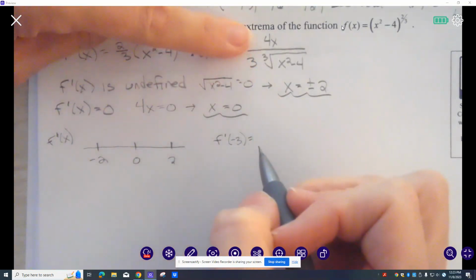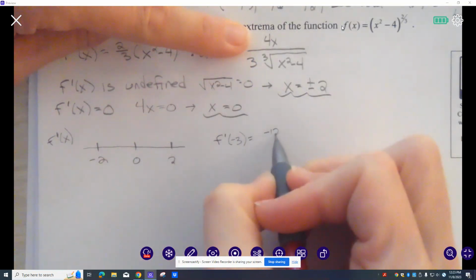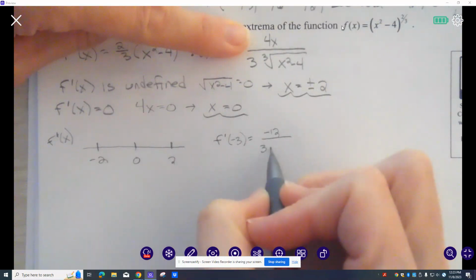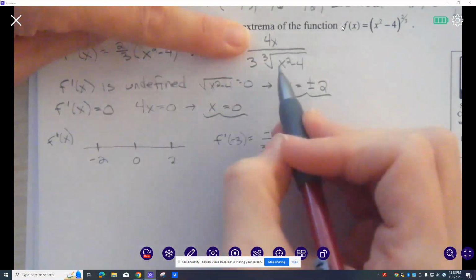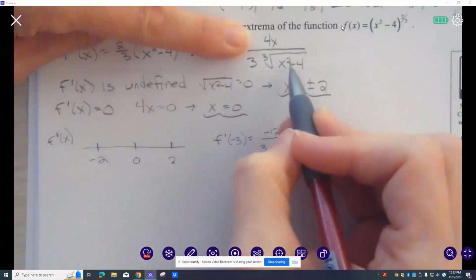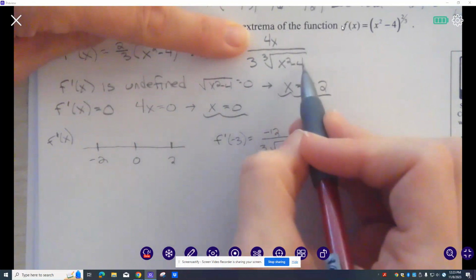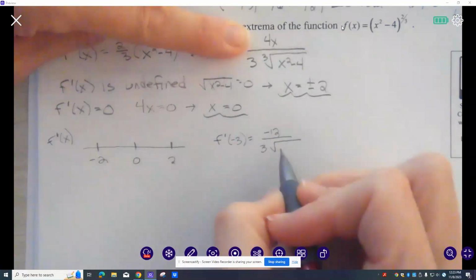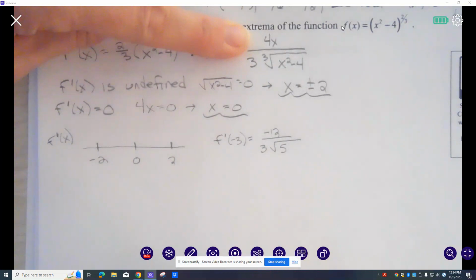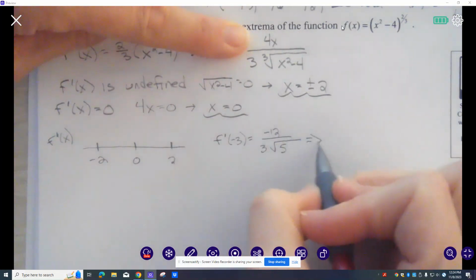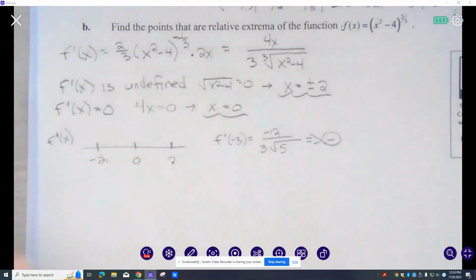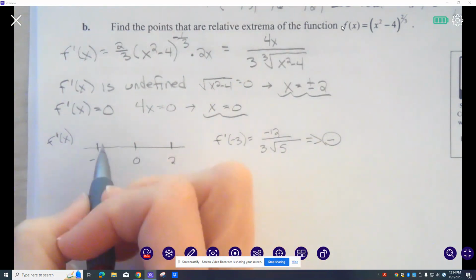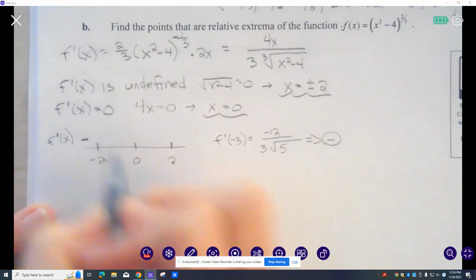So if I put -3 into here, I have -12 over 3 times the third root. Negative 3 squared would be 9. 9 minus 4 would be 5. So that would be the third root of 5, which means I'm going to have a negative answer. So this would be a negative.